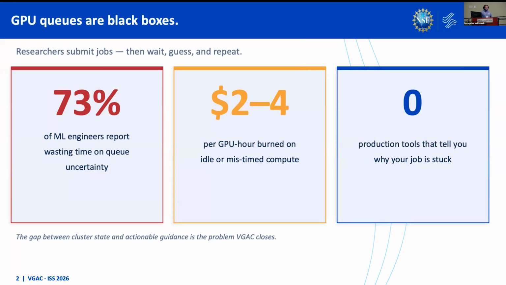So GPU or HPC clusters are like a black box, and every black box leaves every on-call engineer in a space you really don't want to be in when something fails or there's an issue.